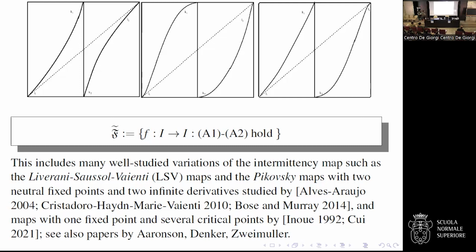And in fact, maybe I should mention that this project started with my PhD student, Mubarak, and we didn't know about this paper. We knew about this paper of Alves and Araujo, which has a map that has 2 neutral fixed points and 2 infinite derivatives, right? But it's symmetric.